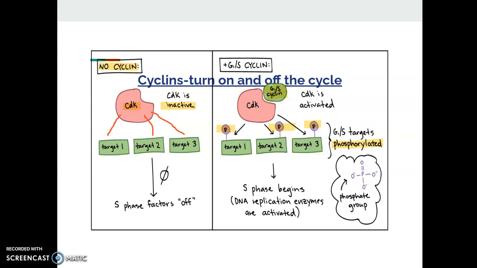What this does then is promote that the S phase begins. So there's a signal that comes in, and we can activate from those cyclins to cyclins by just binding these two structures together. That cyclin-dependent kinase is dependent on that different type of cyclin binding to it and then turning on those target areas.